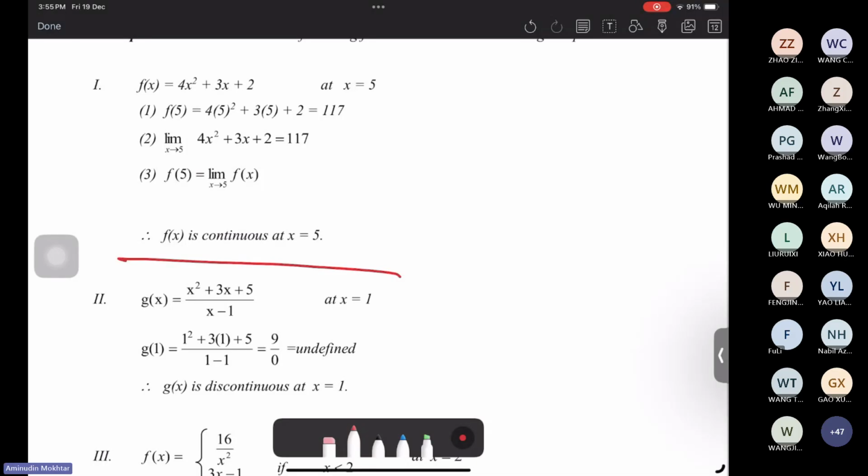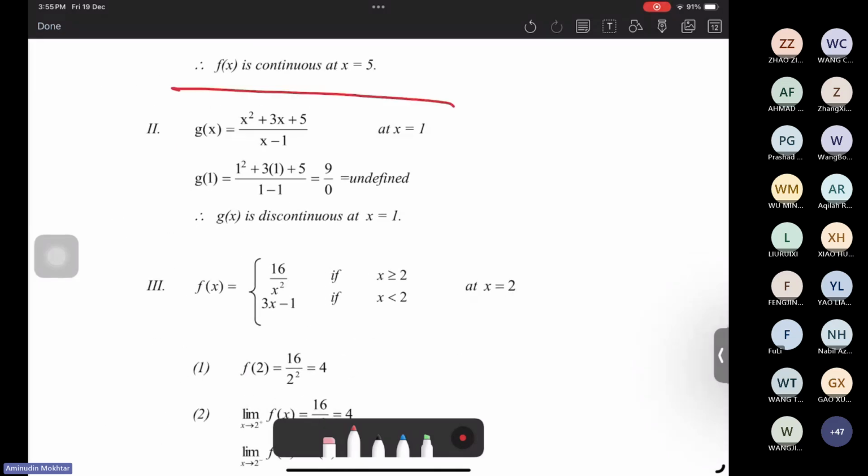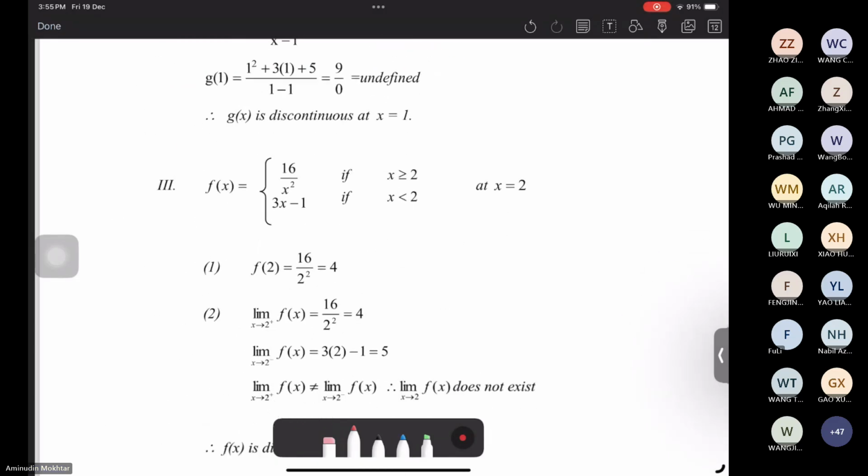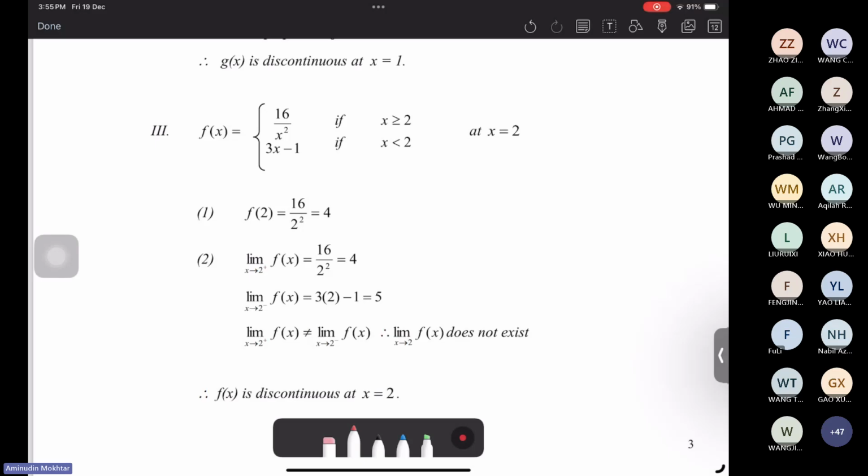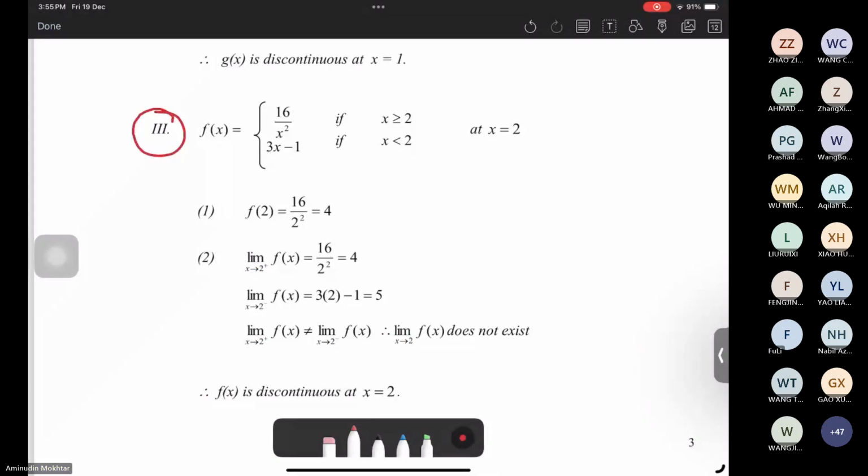Okay, the second condition, you can refer to the page. I would like to explain this example. In this example, we have this structural equation here. f(x) equals 16 divided by x squared if x is greater than or equal to 2.